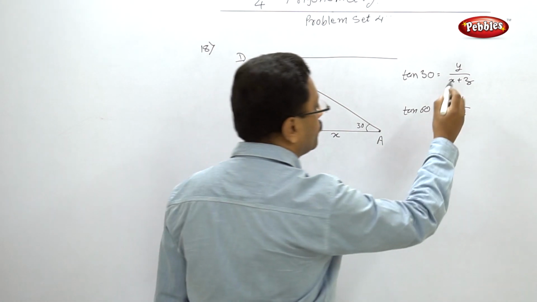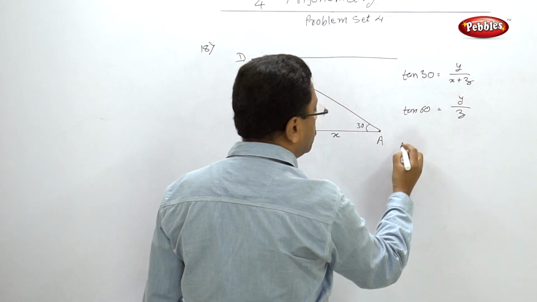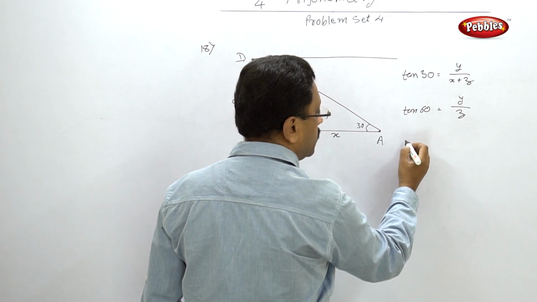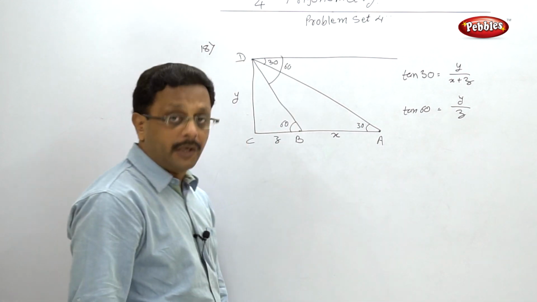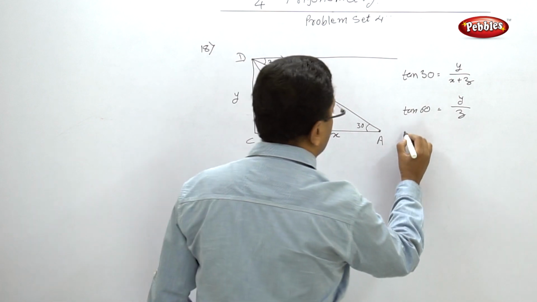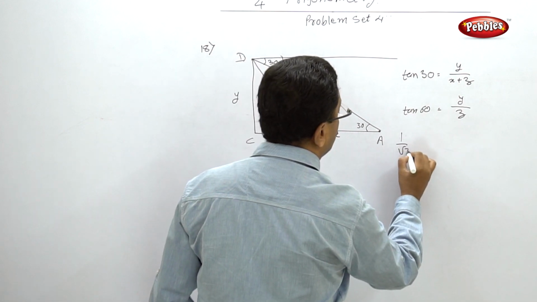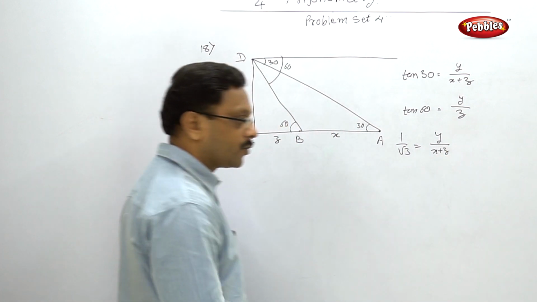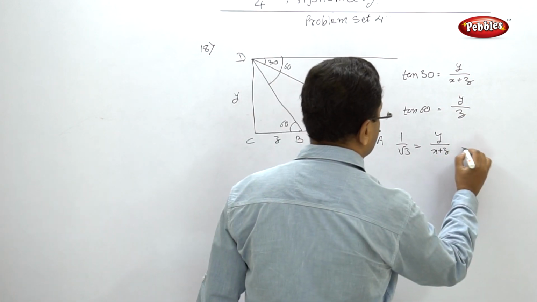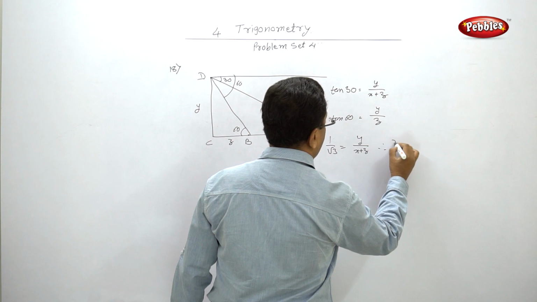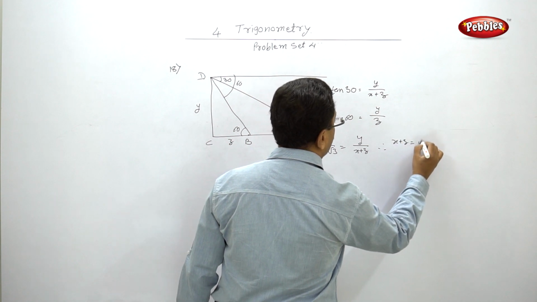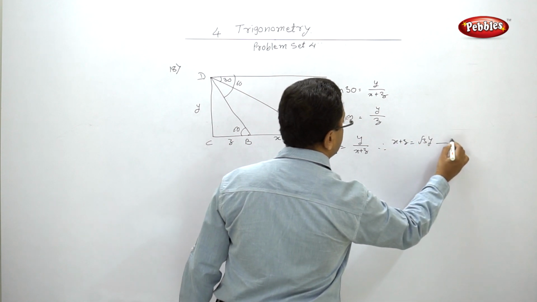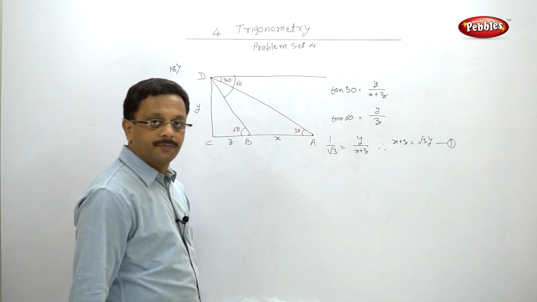Now, tan 30 is 1 upon root 3. So, 1 upon root 3 is equal to y upon x plus z. So, x plus z is equal to root 3y is the first equation we got.